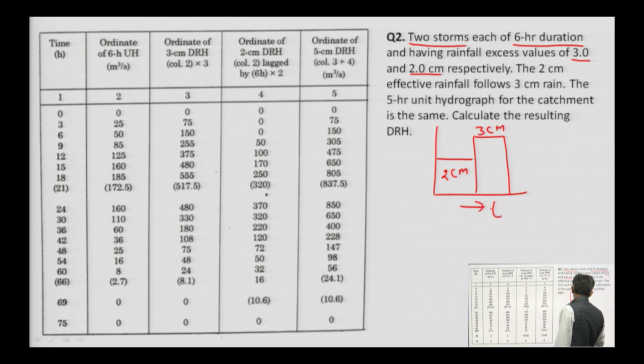and the second storm is 3 centimeter. This is time and this is precipitation, and these are excess. Excess means effective rainfall, or you can say these are the runoff, 2 centimeter, 3 centimeter, that is given.